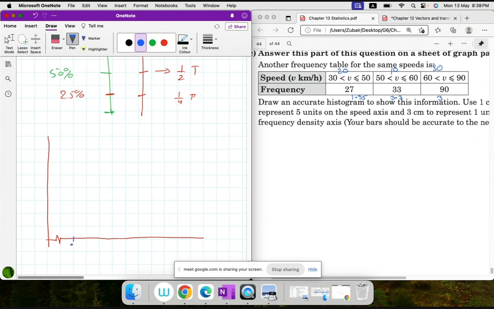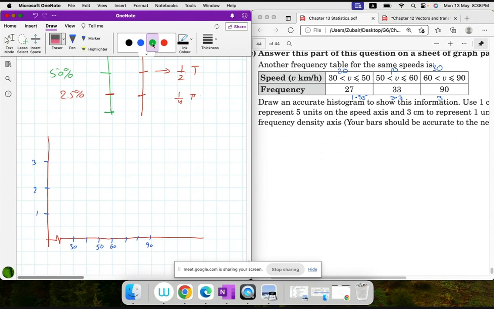If this is 30, 40, 50, 60, 70, 80, 90. On the vertical axis, this is 3. So spread it a little. This is one, two, three.